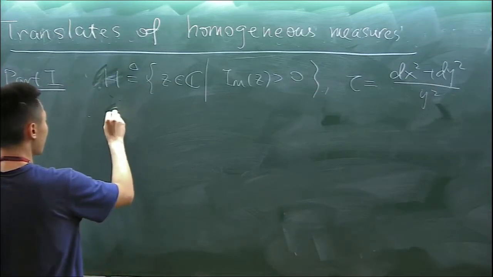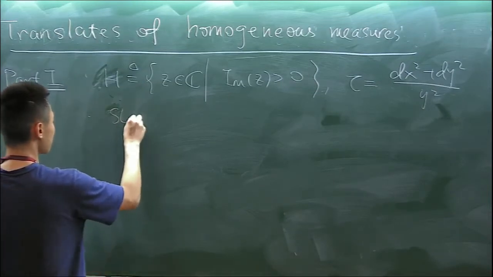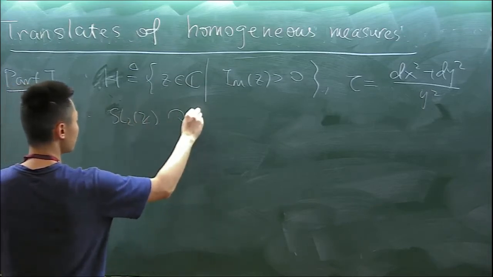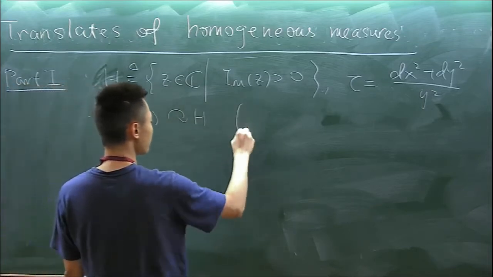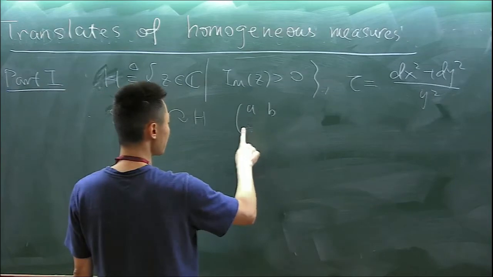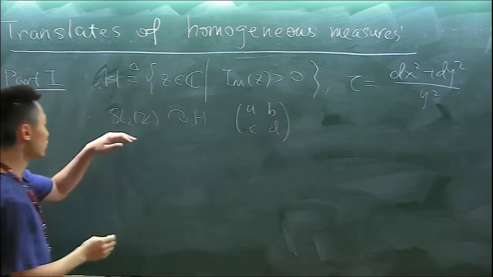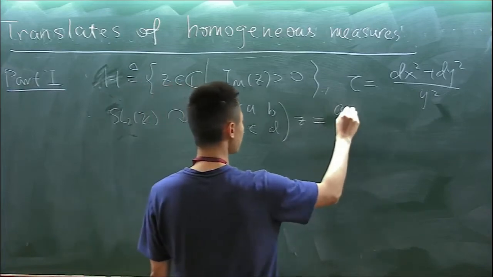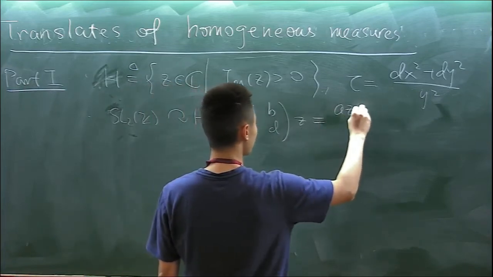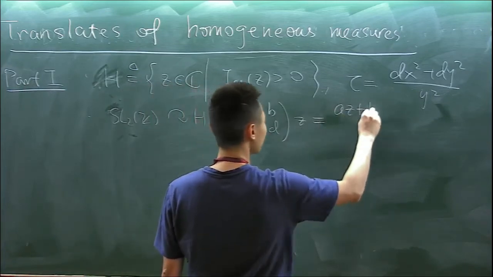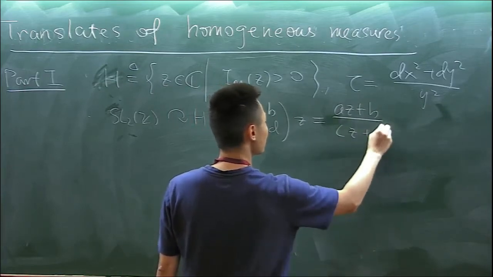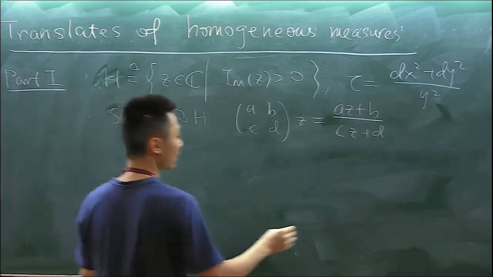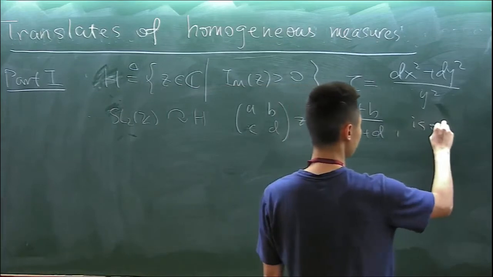So then I have a group action, SL2(Z), acting on H. So what's the action? You take a 2x2 matrix of integral coefficients with determinant 1, and act on a complex number. The action is a bilinear fractional transformation. It turns out this action is an isometry.